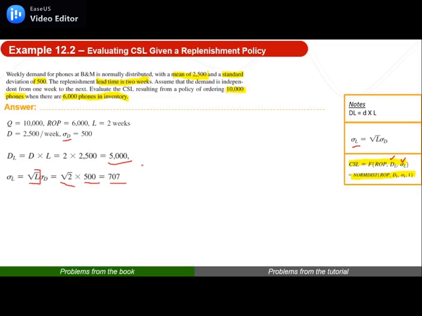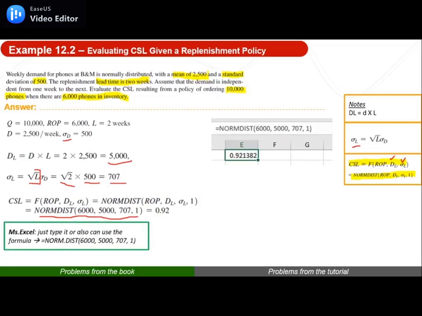Okay, next we can compute the CSL, that is F(ROP, DL, standard deviation of lead times), or we can write it as NORM.DIST(ROP, DL, standard deviation L, 1). Actually, it is a function in Microsoft Excel, so we can just put it in Microsoft Excel.